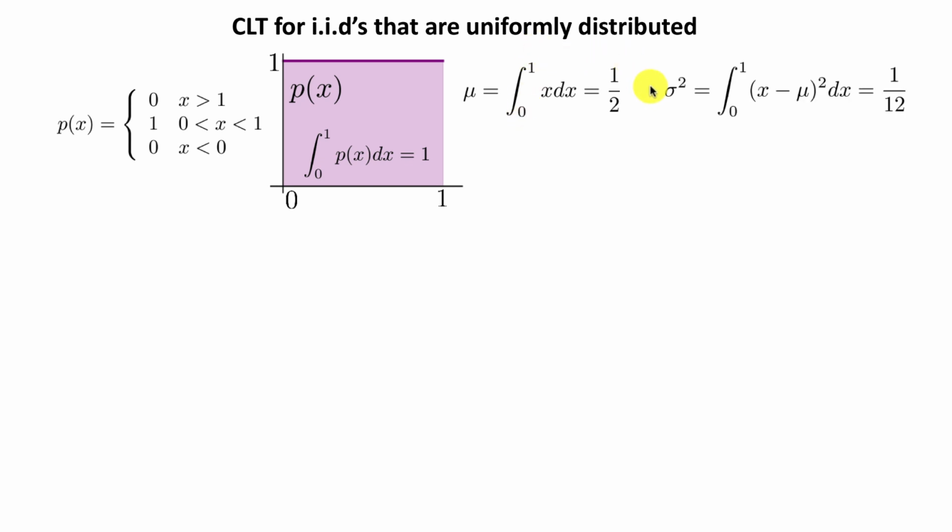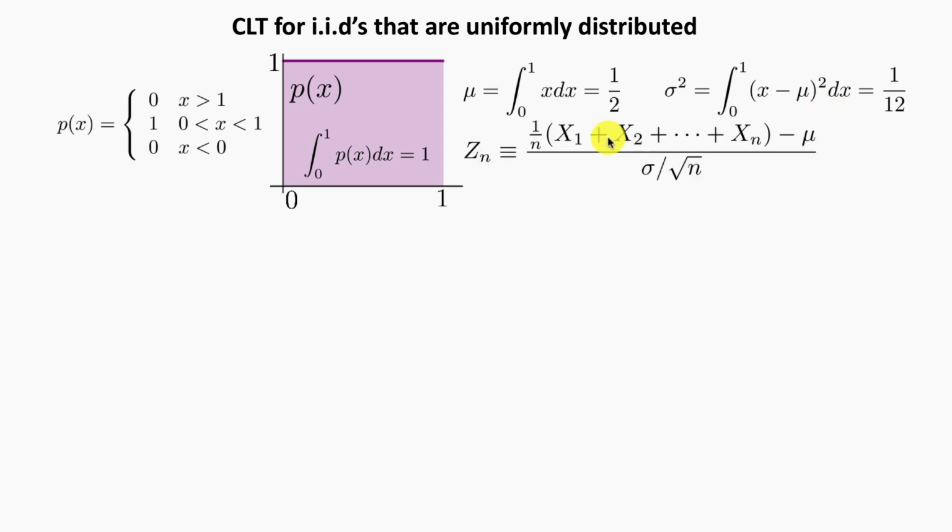If we take the second moment, well, that's x minus mu squared times p of x, but p of x is 1 if you're between 0 and 1 and 0 elsewhere, and so it's just this simple integral over here, which is simply 1/12. And so now we can define our Zn, that variable which we had used in proving the central limit theorem.